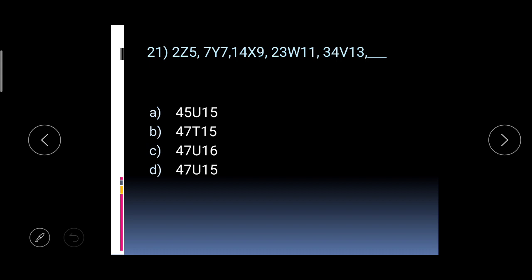Okay. See, when you see such patterns, you always make different series, right? Like first take the first term. What is the first term of each series? 2, 7, 14, 23, and 34. Right? Okay. So what is the difference?